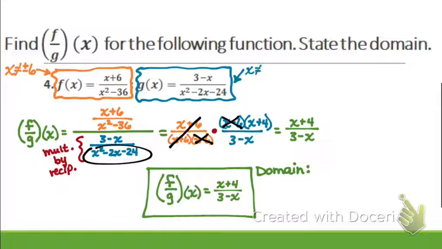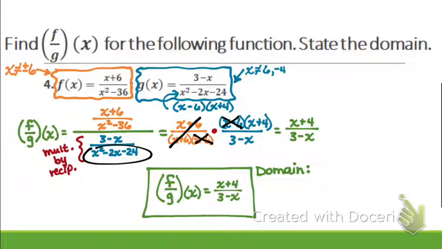What can x not be equal to, or else g of x is undefined? I heard 6 and negative 4. Remember, when we factored that, we got x minus 6, x plus 4 when we factored this piece right here. So the values of x that would make that denominator 0 would be positive 6 or negative 4.